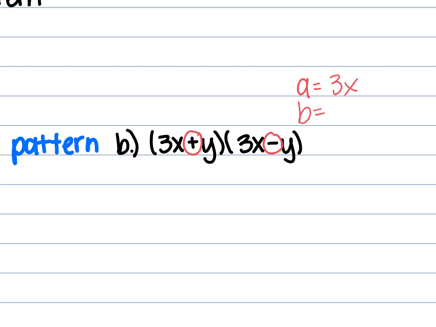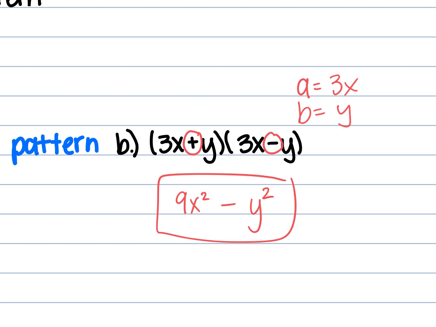My B value is what? Y. Square both of them. What is 3x squared? 9x squared. And what is y squared? Just y squared. What goes in between these two terms? A minus sign. That's my answer. You always put a minus sign for the sum and difference method.